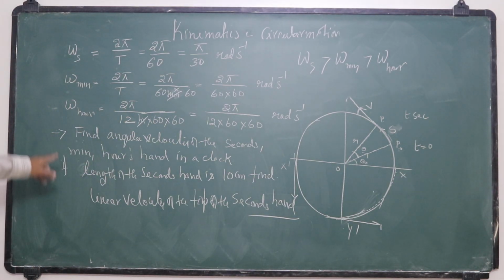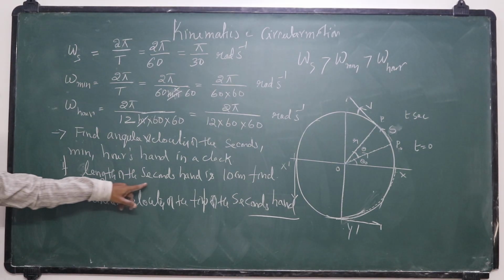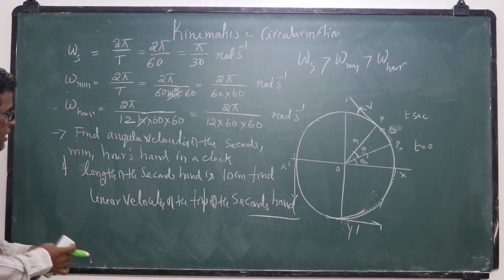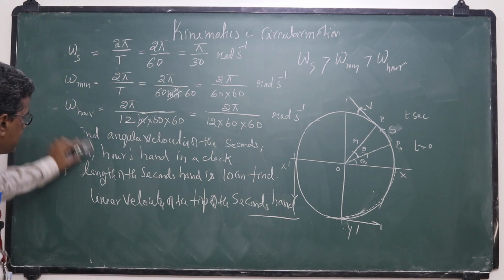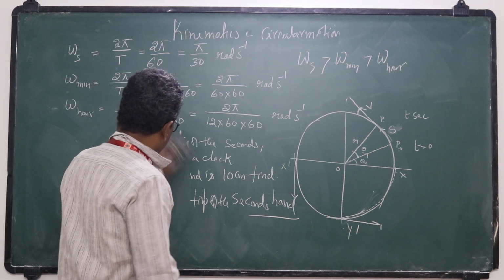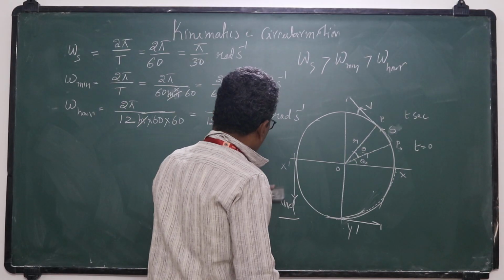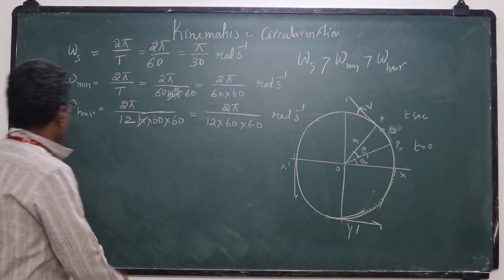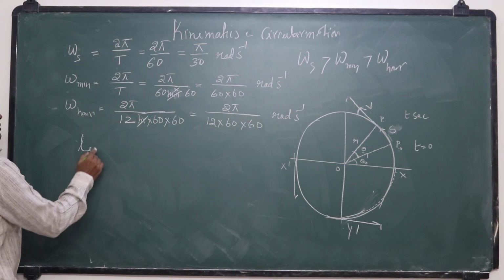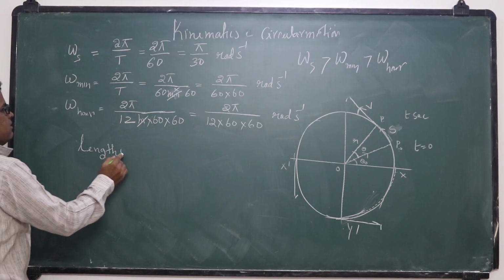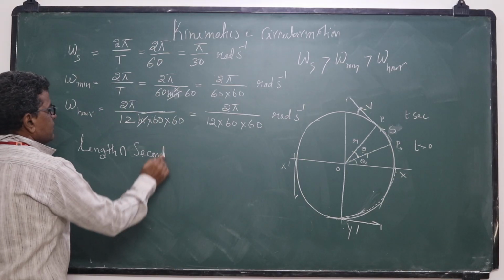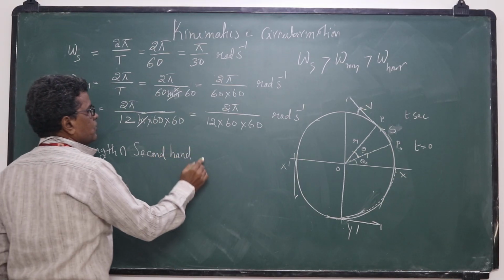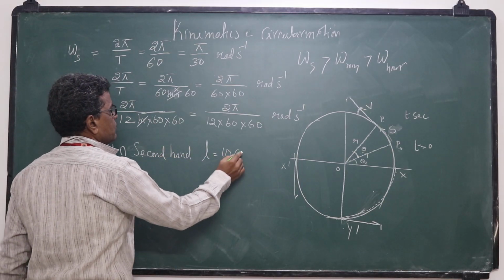Next, if the length of the seconds hand is 10 centimeters, I want the linear velocity of the tip of the seconds hand. So what is this problem? The length of the seconds hand is 10 centimeters.